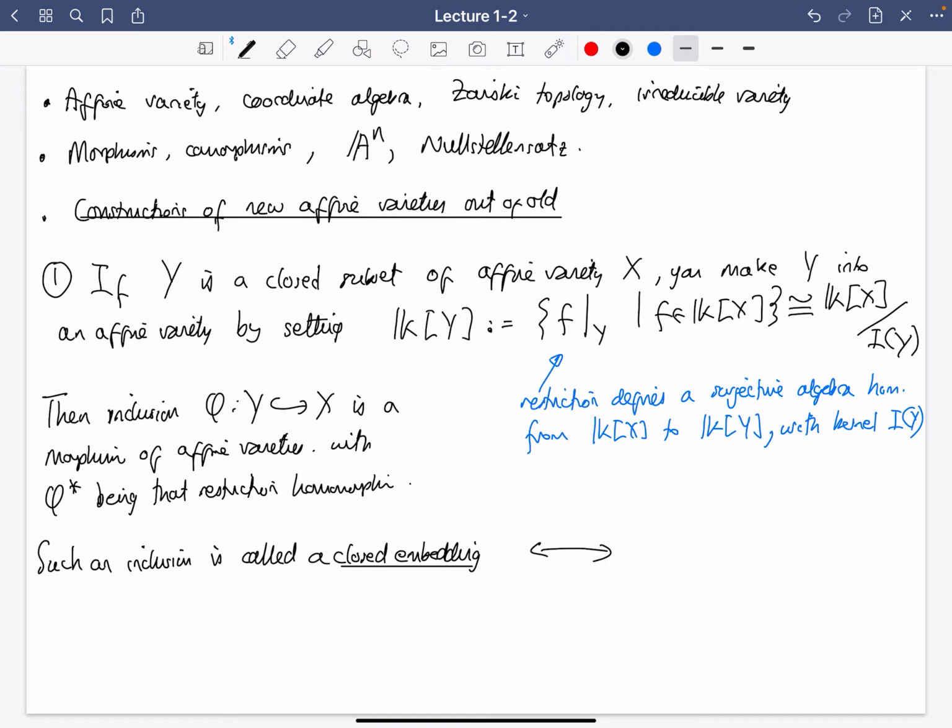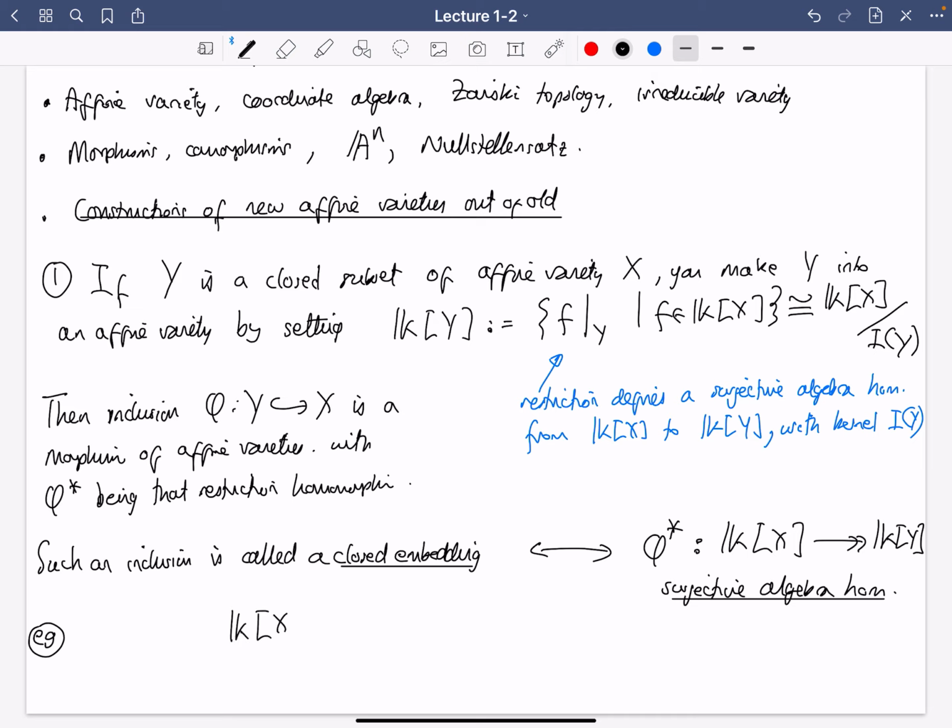So the data of a closed embedding is just exactly the same as the data of that comorphism, and that comorphism is a surjective algebra homomorphism. Okay, so if you just think in terms of the coordinate algebras and the comorphisms, the closed embeddings are exactly the surjective algebra homomorphisms.